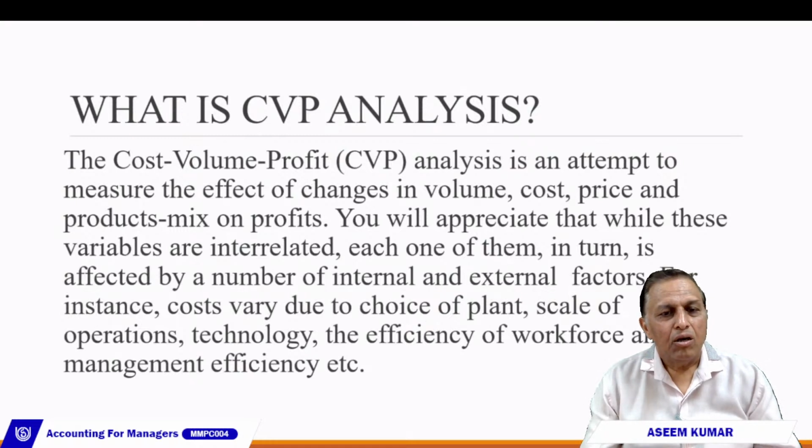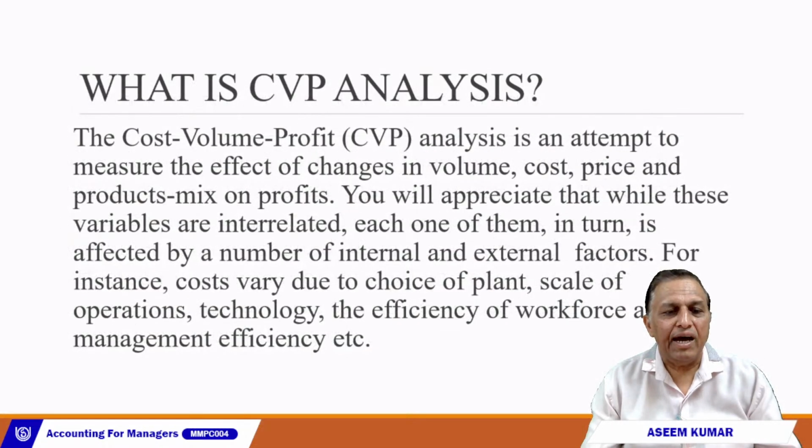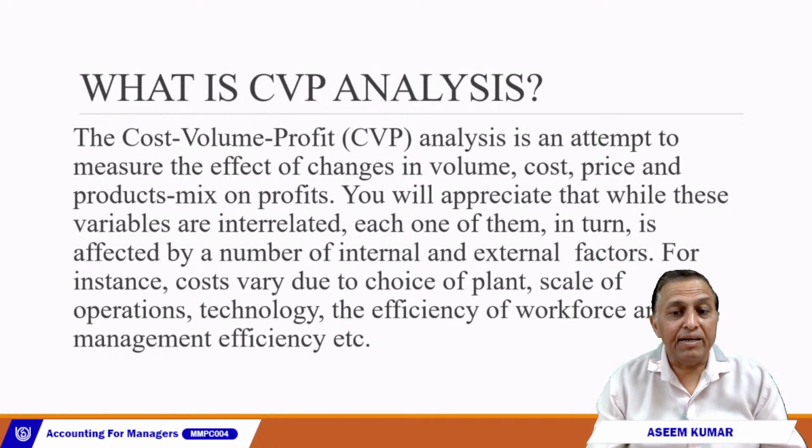For instance, cost varies due to choice of plant, scale of operations, technology, the efficiency of the workforce, and management efficiency, etc. When we are talking about the overall cost, whether it is cost of production or cost of sales, if we speak about the factory cost, the choice of plant, the scale of operation, the technology we are using, and the efficiency of the workforce are of paramount importance.